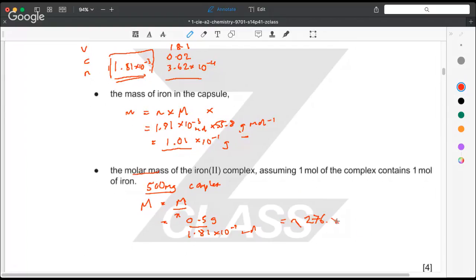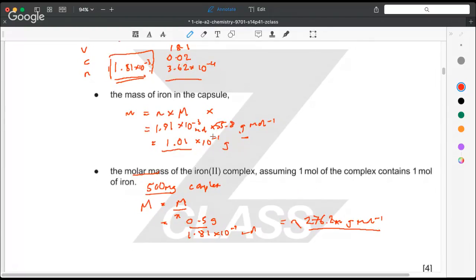So molar mass, grams per mole. That was 276.2. I missed writing that there. Good. So I think those are some easy questions there. You're just having to use your relationship between amount, molar mass, and mass, and you had to use your relationship between volume, concentration, and amount up there.